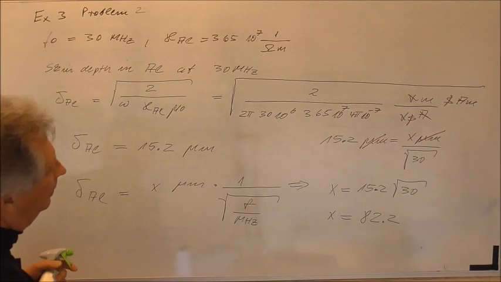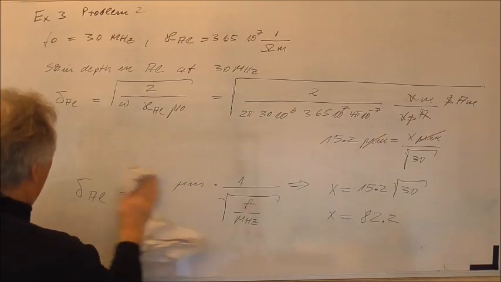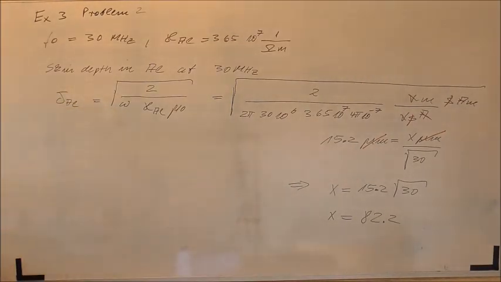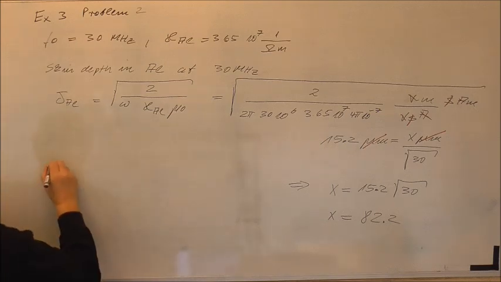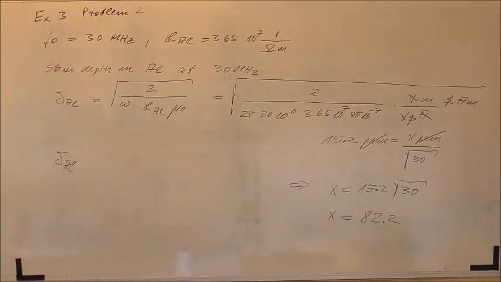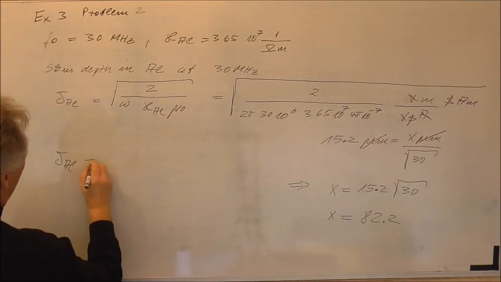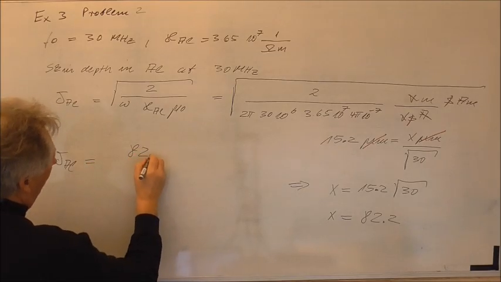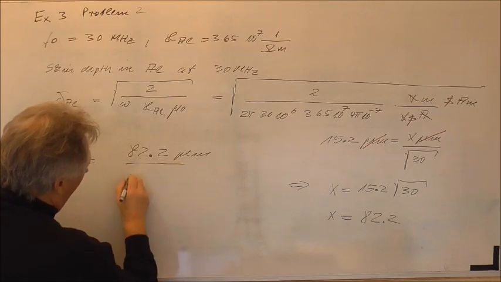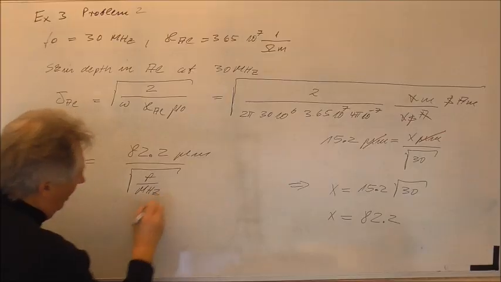And from this we can now say, if I want to calculate the skin depth as a function of the frequency, we can use this formula and say the skin depth in aluminium will be equal to 82.2 micrometer divided by the square root of f in megahertz.